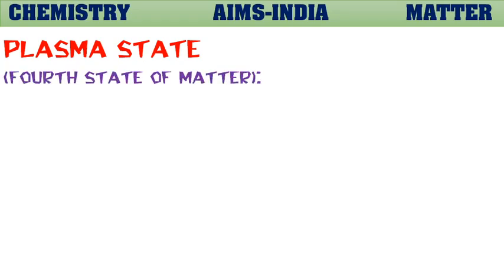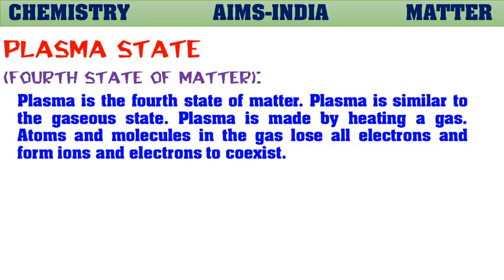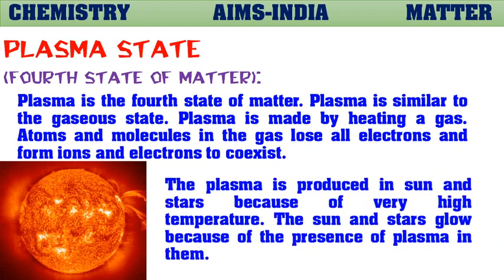And the fourth state of matter is the plasma state. Plasma is the fourth state of matter. Plasma is similar to the gaseous state. Plasma is made by heating a gas. Atoms and molecules in the gas lose all electrons and form ions, and ions and electrons coexist. This state is called plasma state.